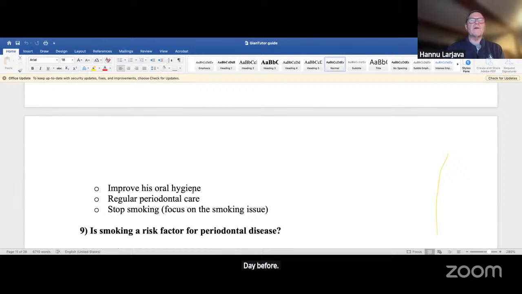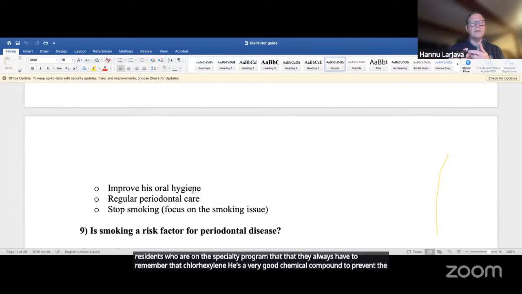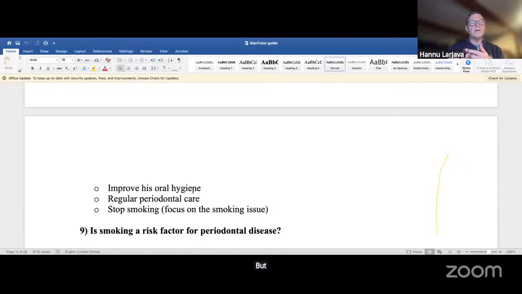What I always try to emphasize to the dental students and the residents in the specialty program is that they always have to remember that chlorhexidine is a very good chemical compound to prevent biofilm formation, but it's very poor at treating biofilm.